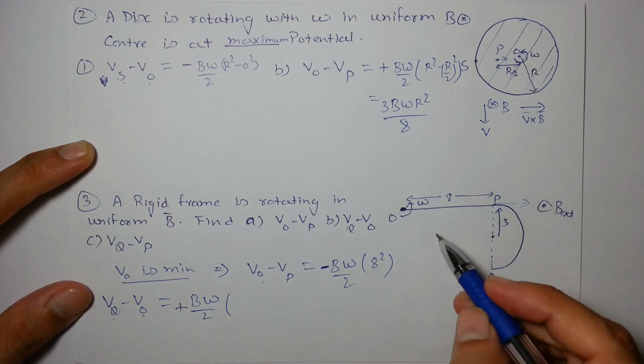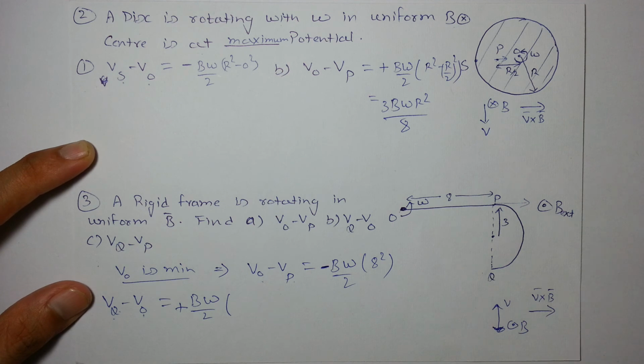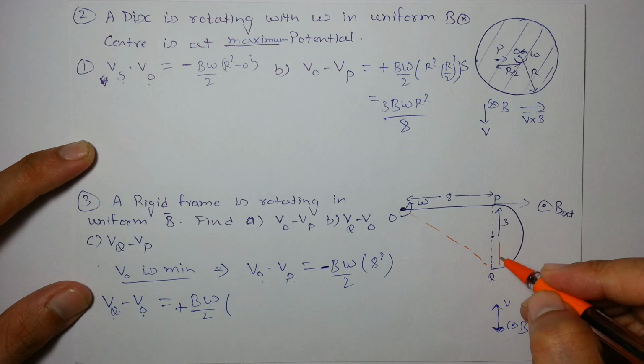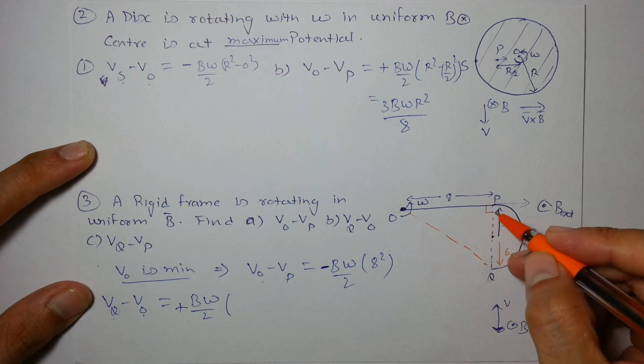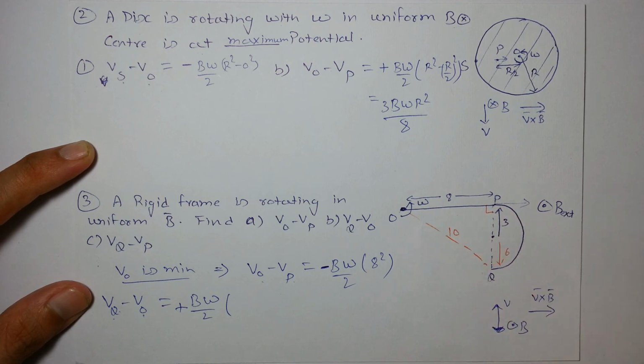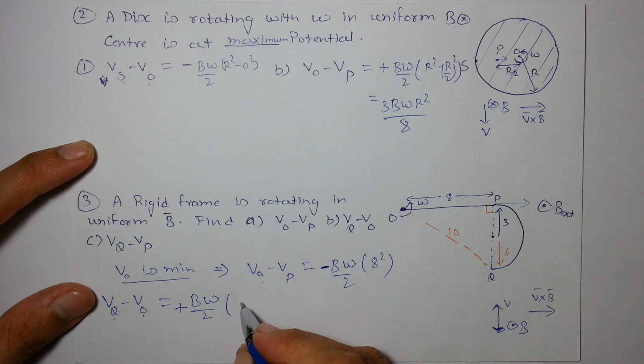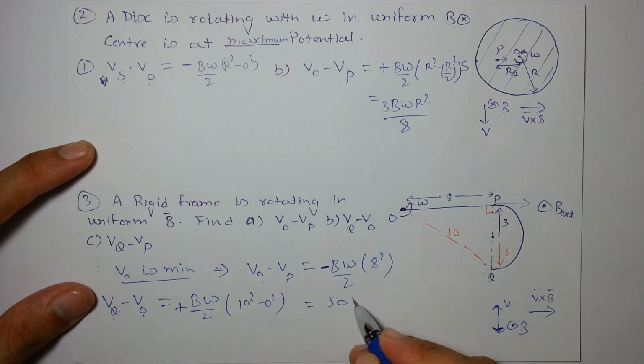Q is at some distance, and you can easily calculate it: this is 6, 8, with a 90 degree angle, so this distance comes out to be 10. We just have to find the distance of Q from the axis. So 10 square minus 0 square, that will be 50 B omega.